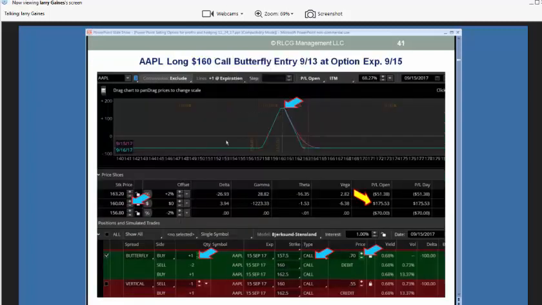The first thing is, if you look at it together, this starts off as a balanced butterfly. Here's the butterfly component, the 157.5, 160, 162.5 balanced $2.50 wide butterfly. If it goes out right at the top of the tent, that would be max profit.